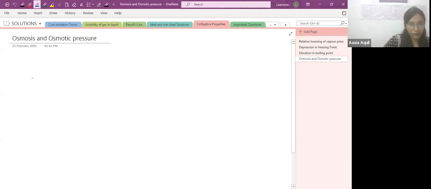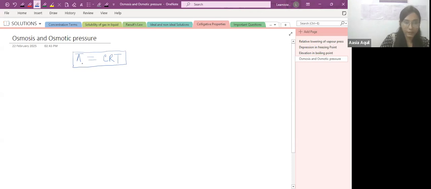So see here, osmotic pressure, which is given by pi, it is denoted by pi equals to CRT. Remember this, this is very important. Remember this relation, that is osmotic pressure is equals to the product of concentration, gas constant, and the temperature.